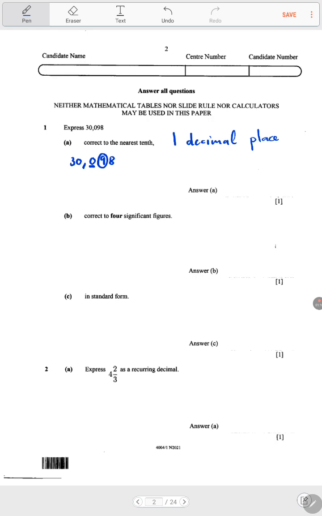So 9 means you are rounding up. So if you round up, you're going to get your answer approximately equal to 30,1 to 1 dp. So you take your answer and you write it there.